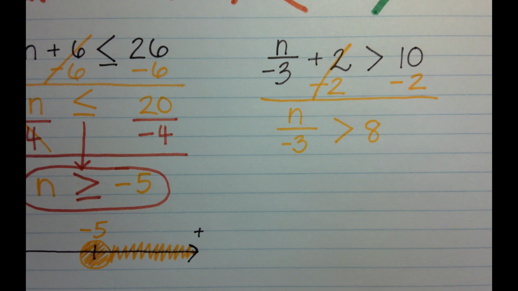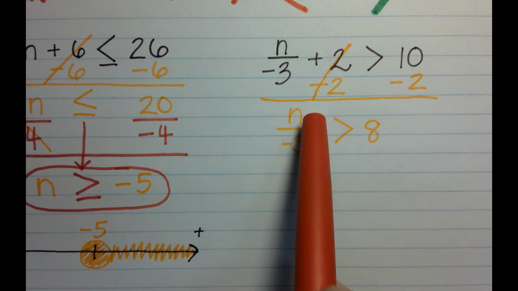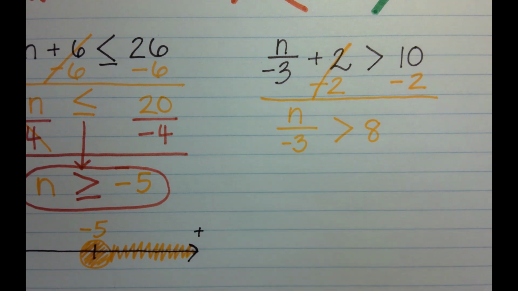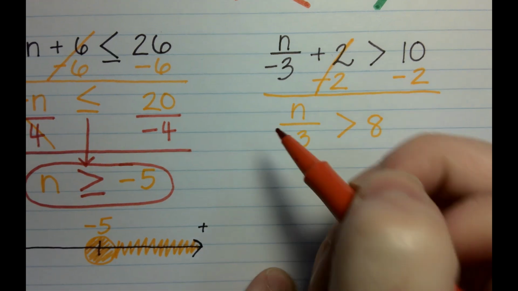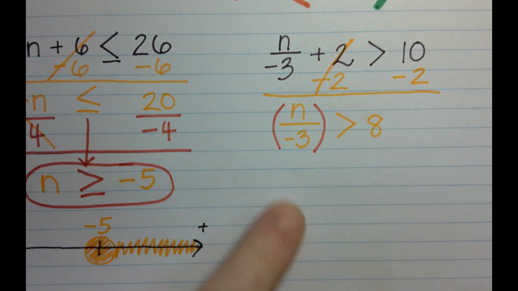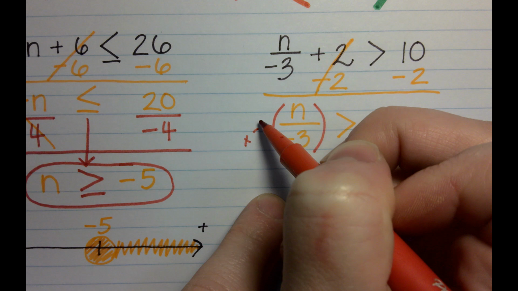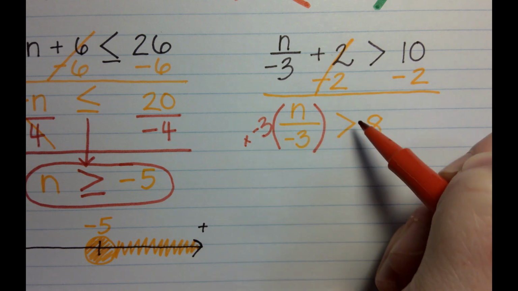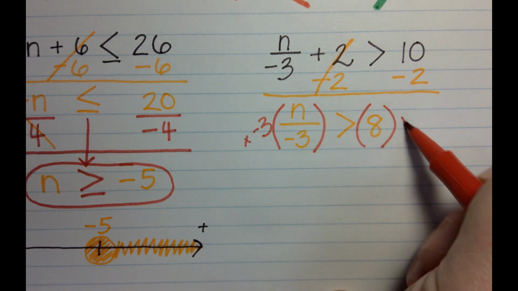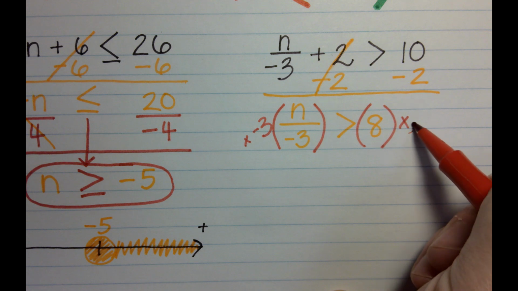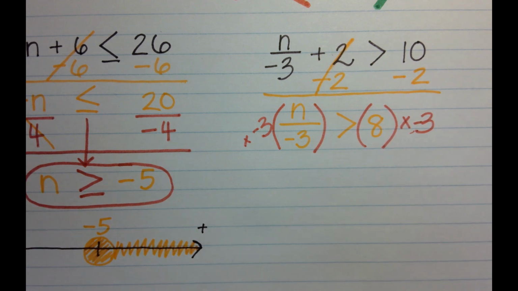So, we're still trying to get n by itself. We've got division here, so we're going to do the opposite and multiply. We're multiplying by -3. We're multiplying by a negative here, so something's going to happen. I've got times -3 on this side, times -3 on this side.